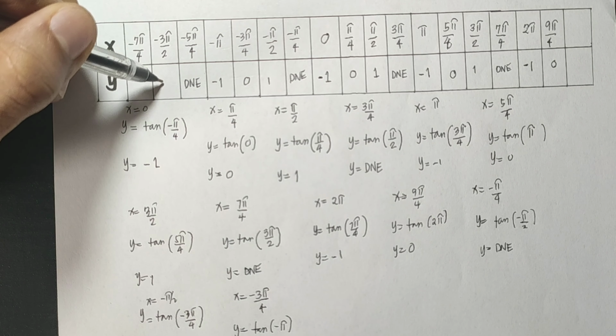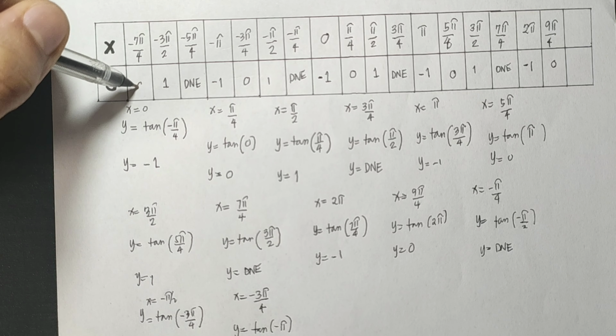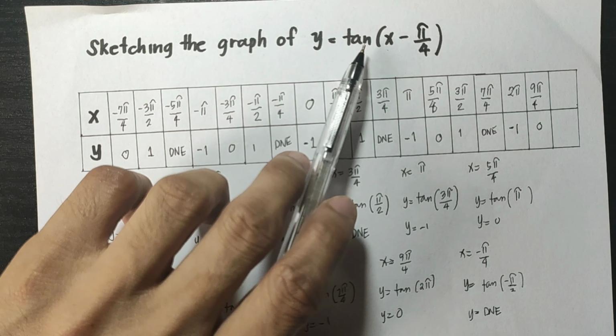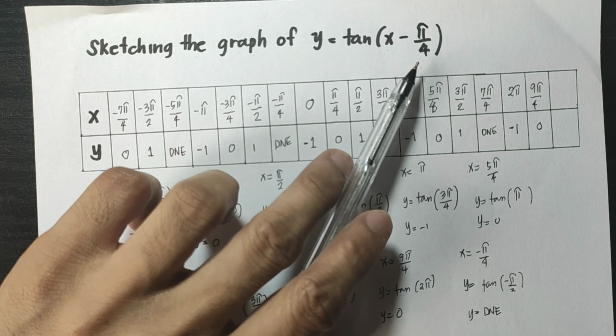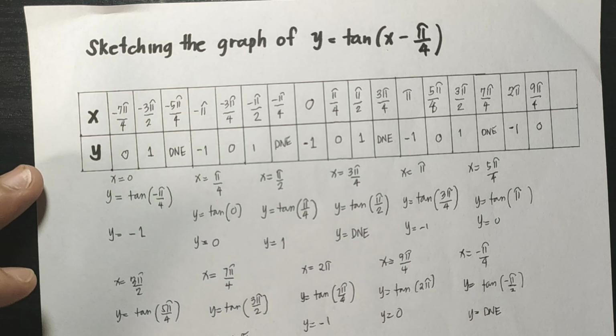After that, you will find that this is 1 and this is 0 and so on. Okay? So let us now sketch the graph of the function y equals tangent of x minus pi over 4 using the table of values that we have formed.